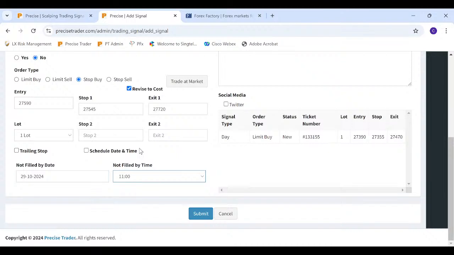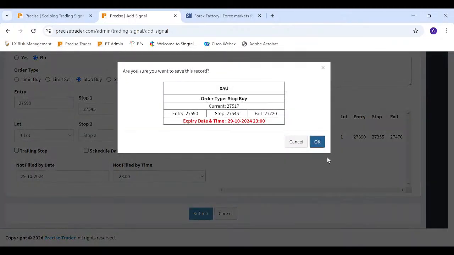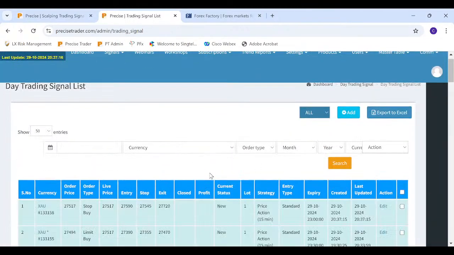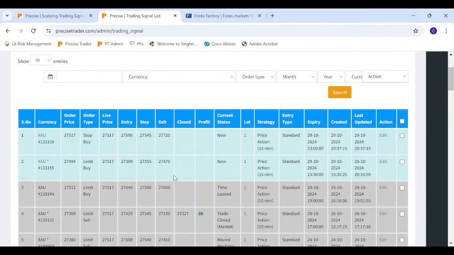So for this one, I think we want to put it until 10 o'clock is the data out. So maybe we'll put it until after the data, 2300 hours.